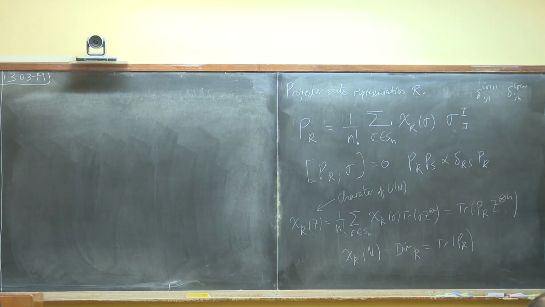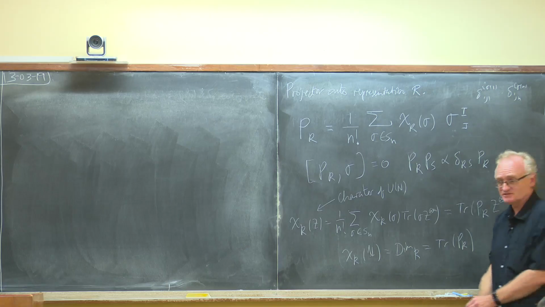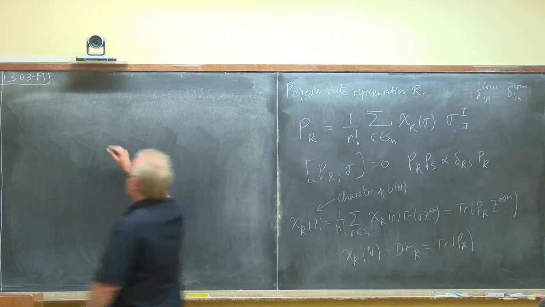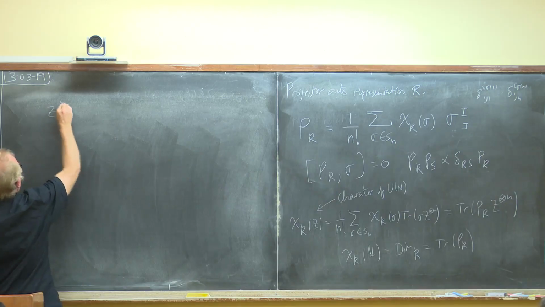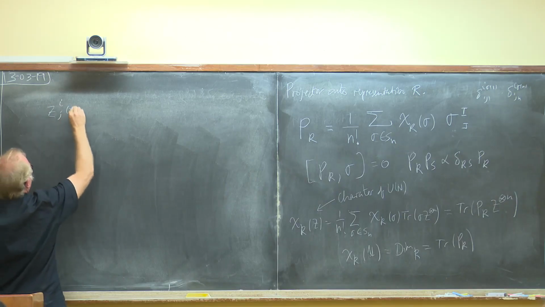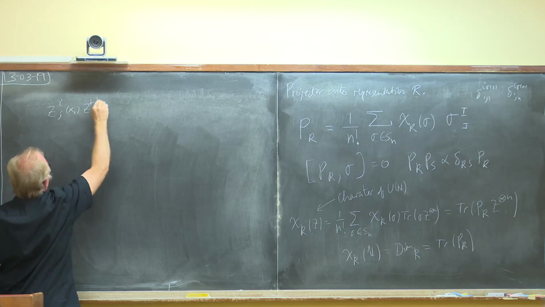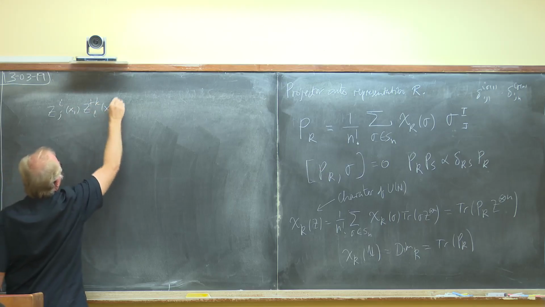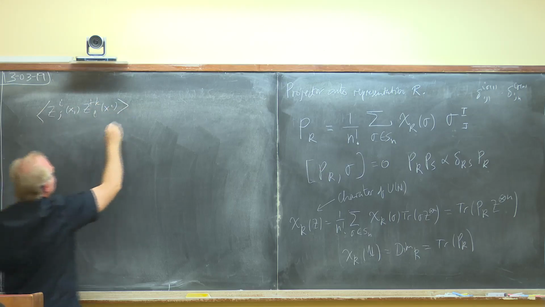Okay. So now, what I would like to do is calculate correlation functions of these Schur polynomials. So, in general, what would you do if you have Z^i_j(x1), Z dagger^k_l(x2)? So what is this two-point function?